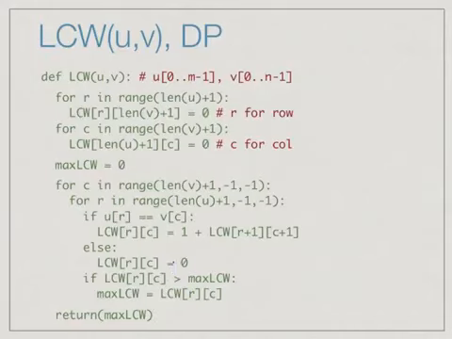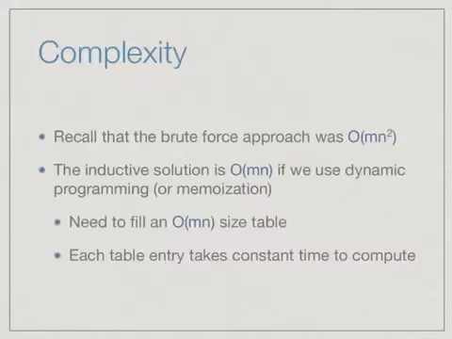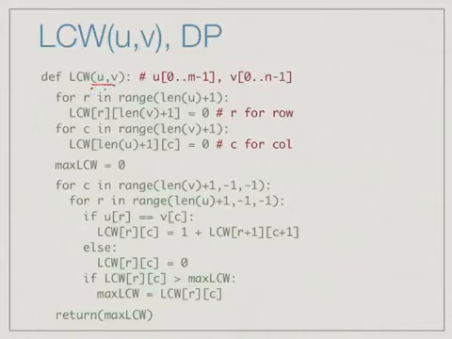So here is a very simple implementation in Python. All it says is that you start with the two words, U and V. You initialize this LCW thing at the boundary, at the nth row and the nth column. Then you keep track of the maximum value by initializing it to 0, and then you fill up, in this particular case, in column order.